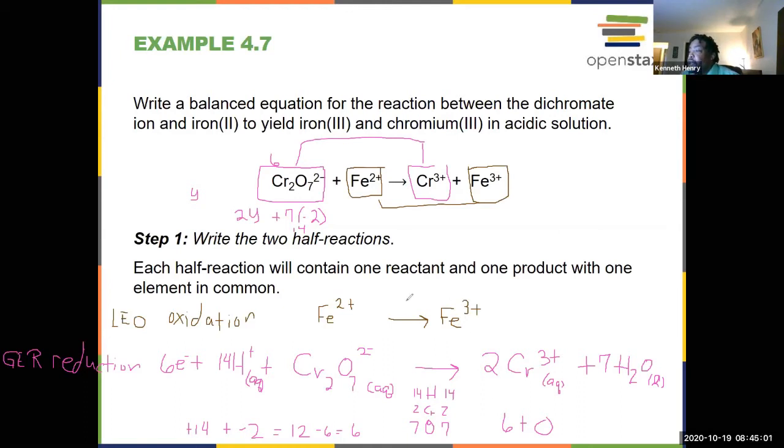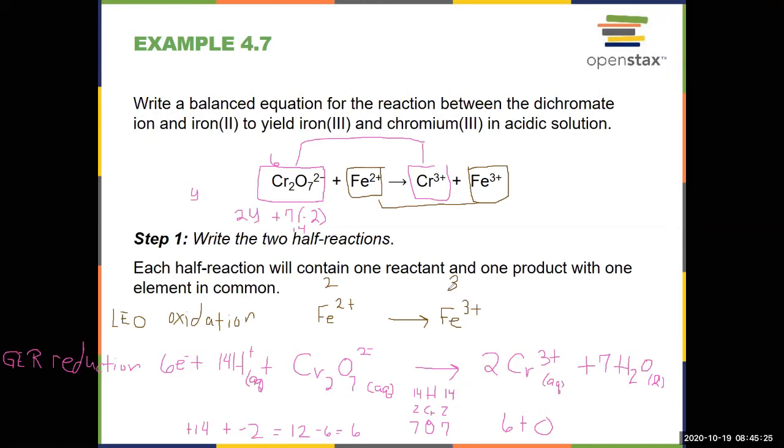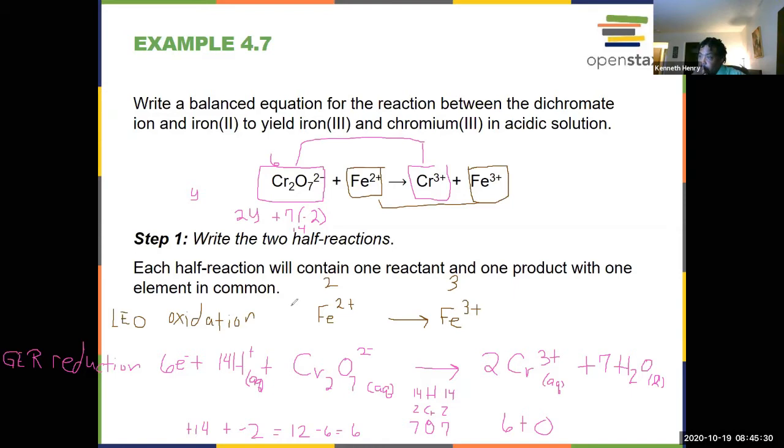Okay, now let's look up here. We have Fe2+ and Fe3+. Are those balanced? No. So this is 2, this is 3. Okay, so how can I balance that? Add an electron to your product.